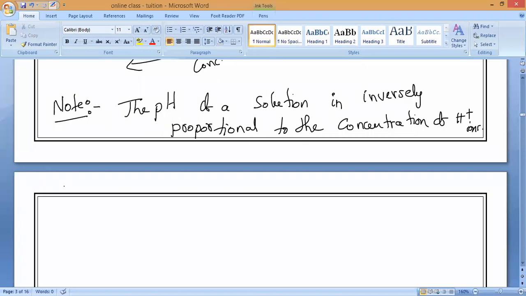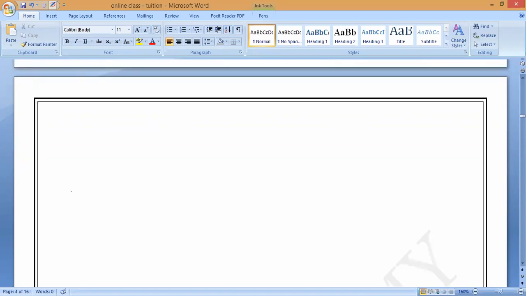So a solution having a high concentration of H plus ions, what pH does it have? Low pH or high pH? Low pH. That is what you have to remember. First point, write it.